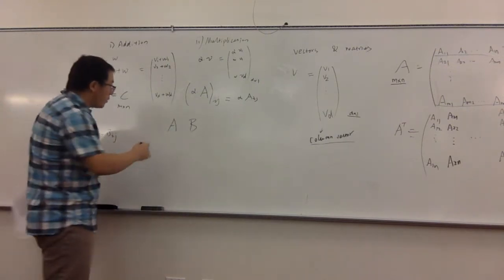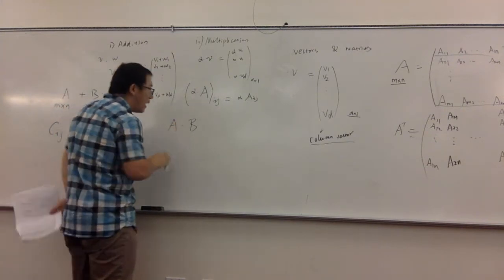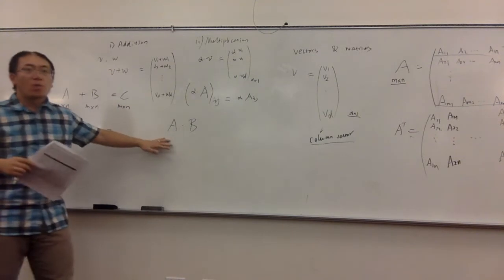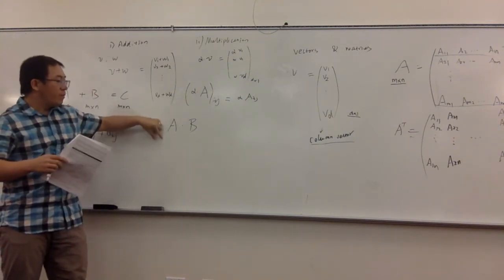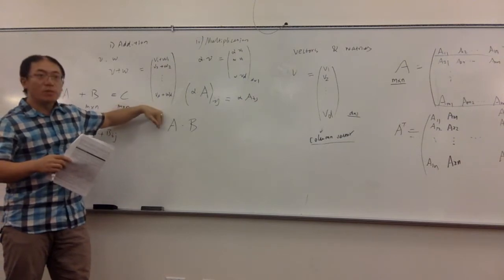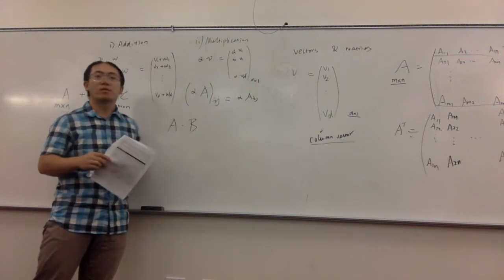If we want to multiply two matrices A and B, we must ensure that the number of columns in the first matrix is exactly the same as the number of rows in the second matrix.